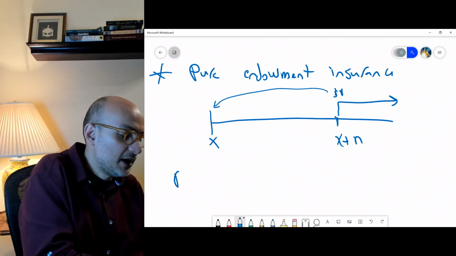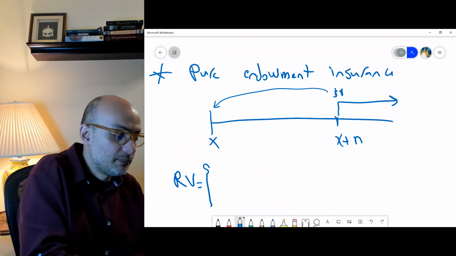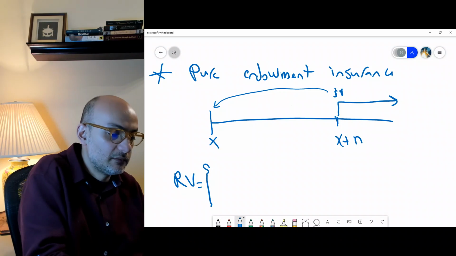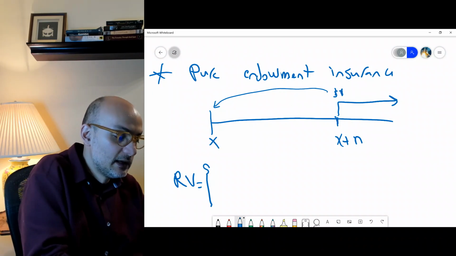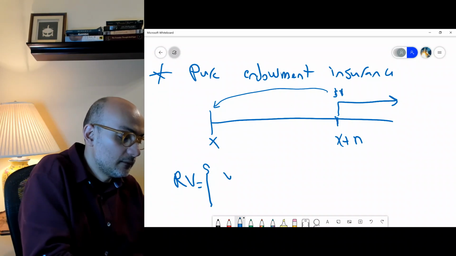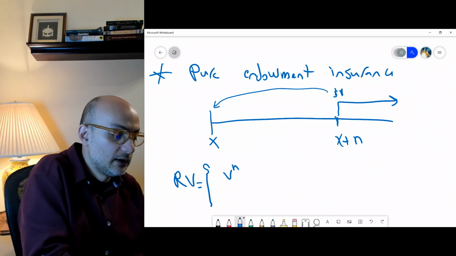So the random variable here is now the present value. Remember, the present value is the random variable. This $1, we get it back. So it will be e to the minus, or we can use v to the n.